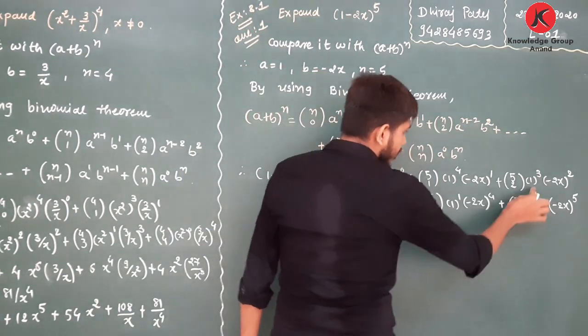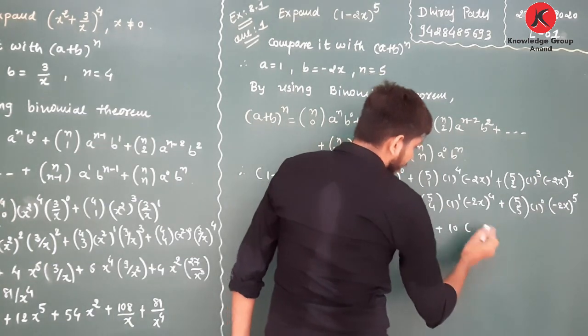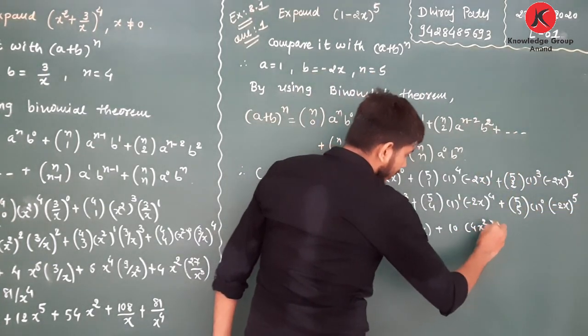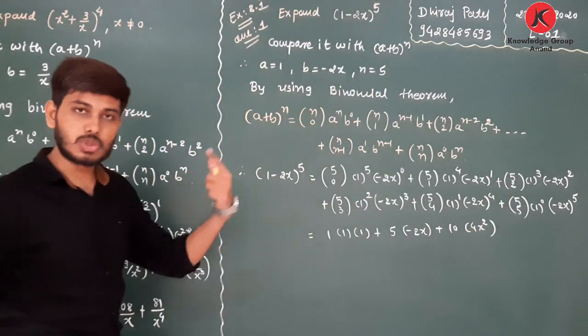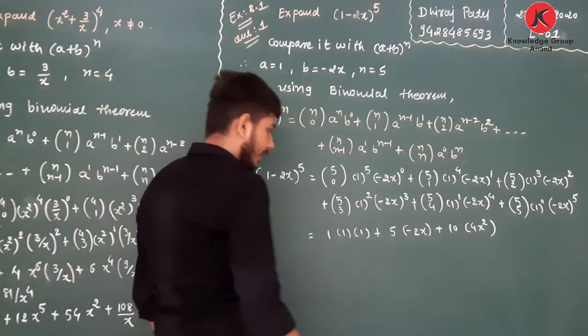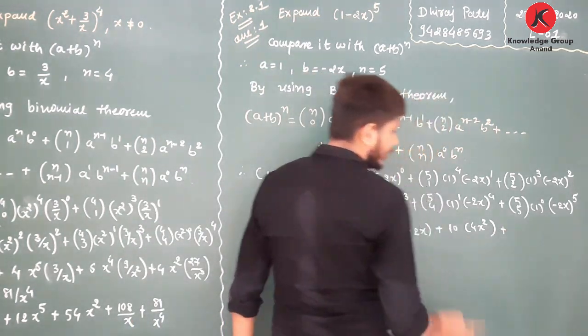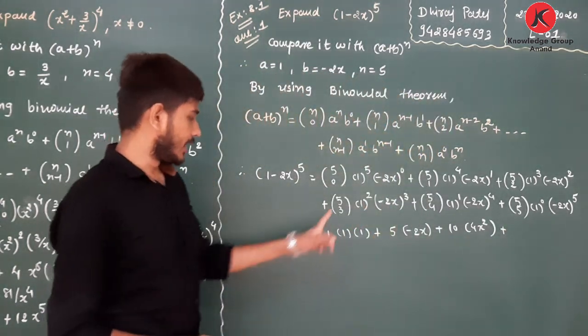So 10 into 1 into (minus 2x) raised to 2, answer is 4x square. Clear?